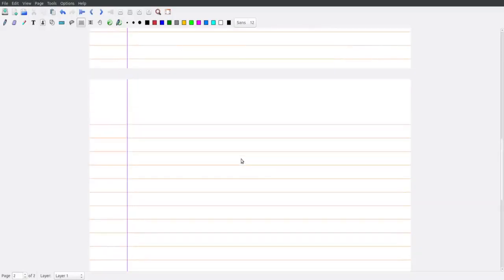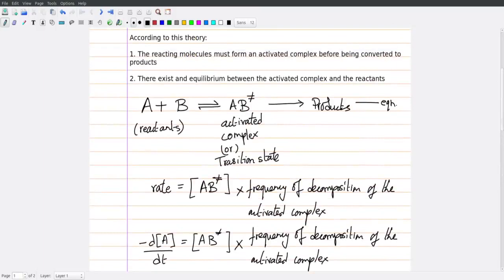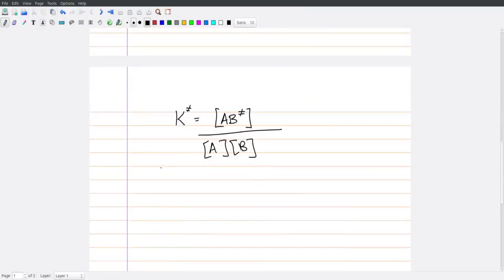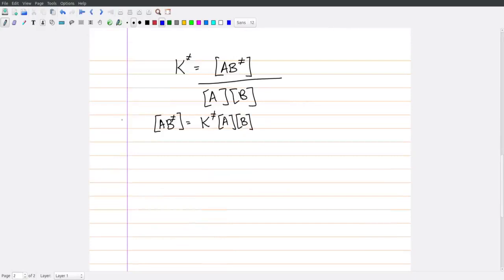From the above equation 1, we can write the equilibrium constant for this reaction as K dagger equals the concentration of AB dagger divided by A times B. Now if you just rearrange, you can get an expression for AB dagger, which is the equilibrium constant times A into B. So we have got this.